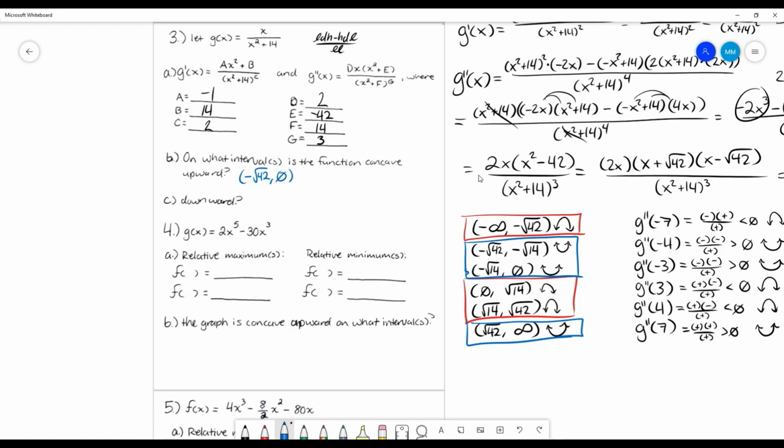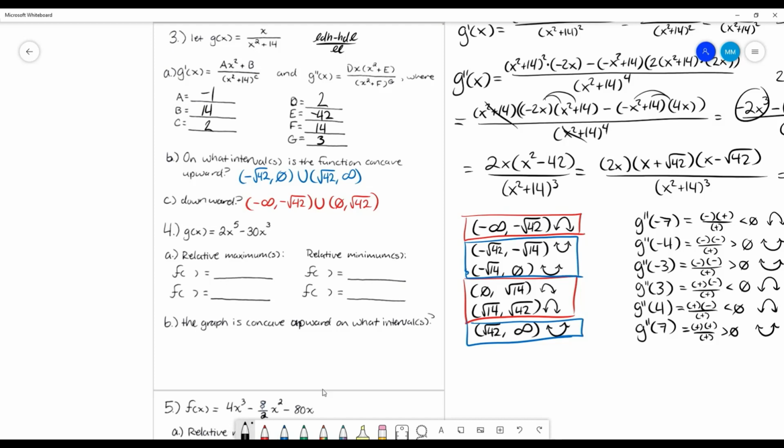And then union this interval down here, positive square root of 42 up to infinity. It's concave downward from negative infinity to this point, union this continuous interval here, 0 up to there.